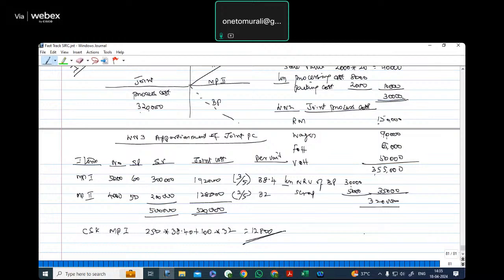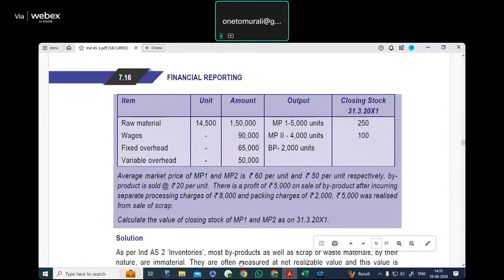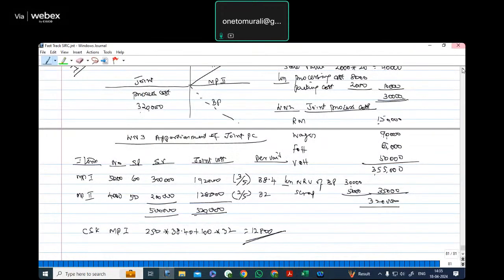There can be no better problem that you can have in Ind AS 2 on inventories. So with that, we can tell that Ind AS 2 is getting over.